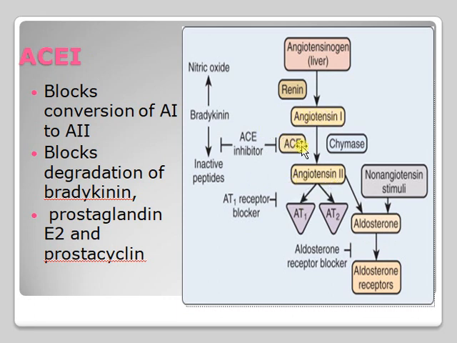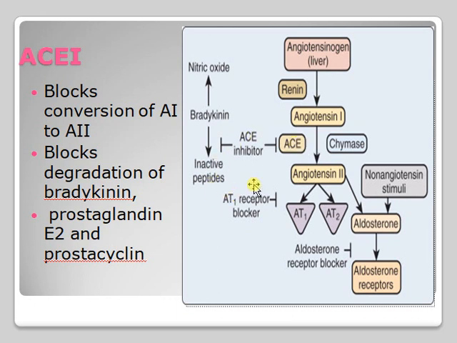So if we block this angiotensin converting enzyme, then further synthesis of angiotensin 2 will not occur, and due to that there will not be any vasoconstriction or rise in blood pressure. So this is the basic mechanism: angiotensin converting enzyme inhibitors block the angiotensin converting enzyme.